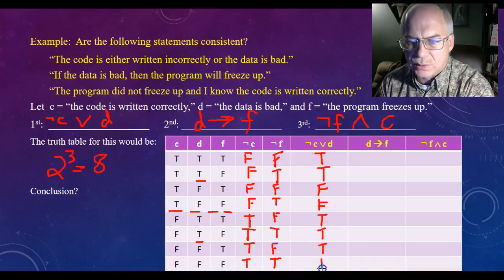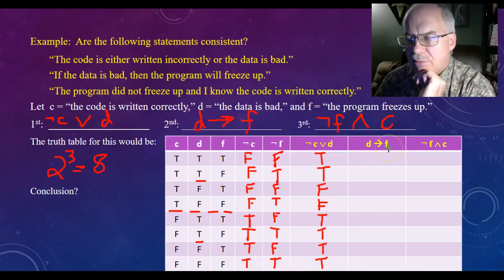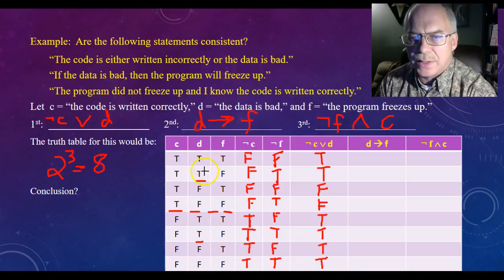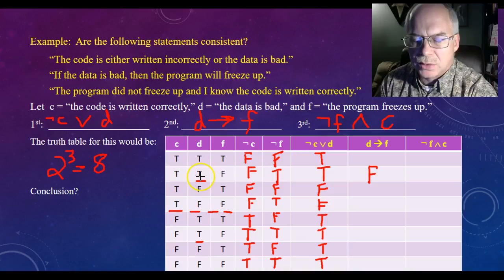All right. Now I do D implies F. Now the easiest thing when you have an implication is to determine when it's false first. It's false whenever it's true for the first thing, but false for the second thing. So we're going to look at the D and the F column, and in the 2nd row, it's going to be false because it's true for the first part, but false for the second one.